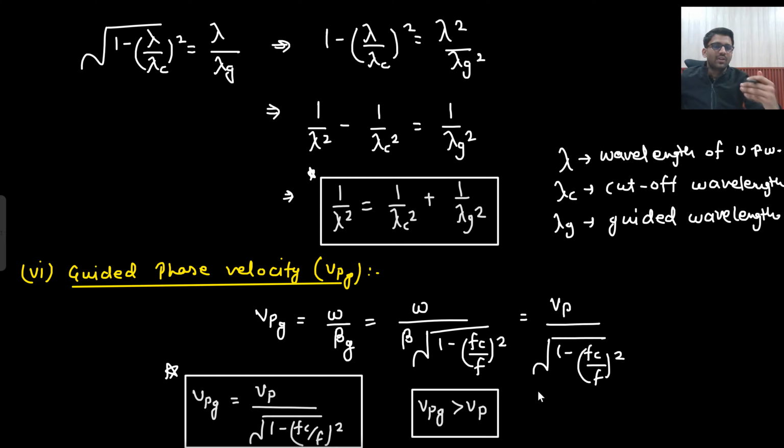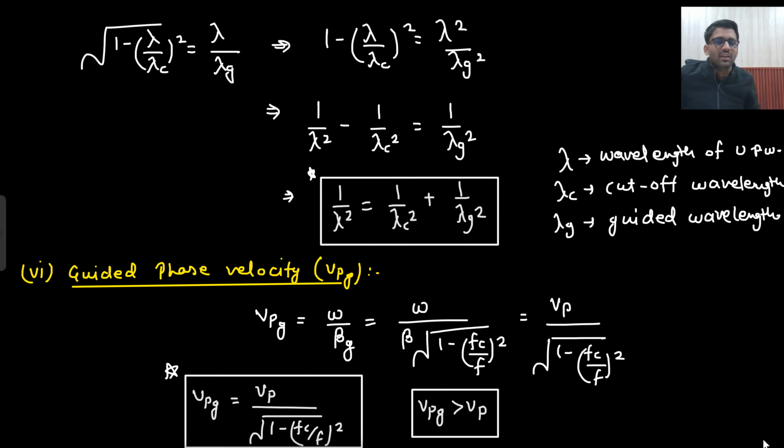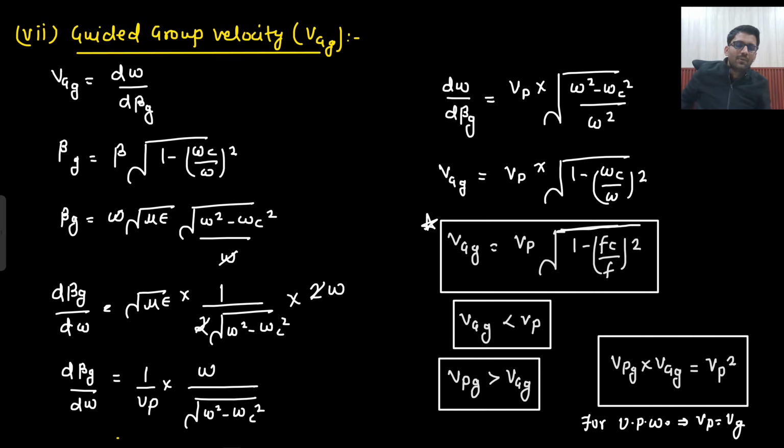So what will happen? Vpg would become greater. This is how you can remember. The confusion is whether this factor comes downward or upward. In group velocity, it is coming upward. In phase velocity, it is coming downward. Okay. So any trick you make, you will be able to remember this formula.